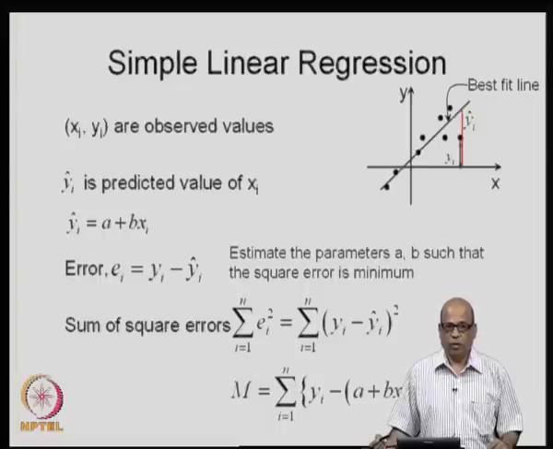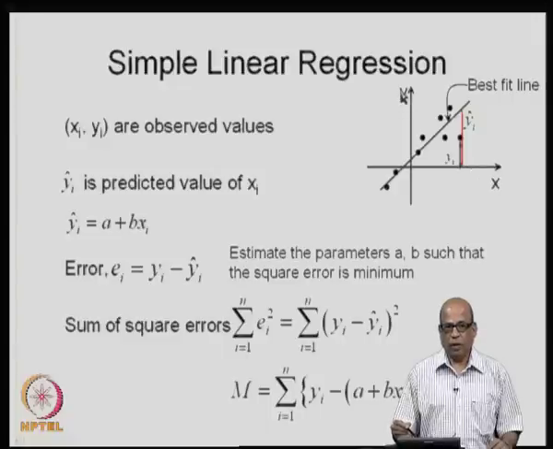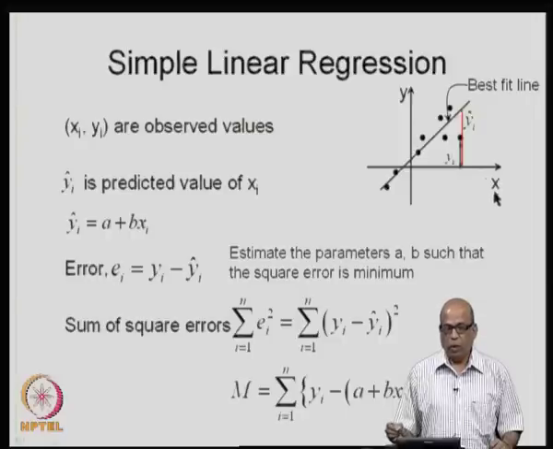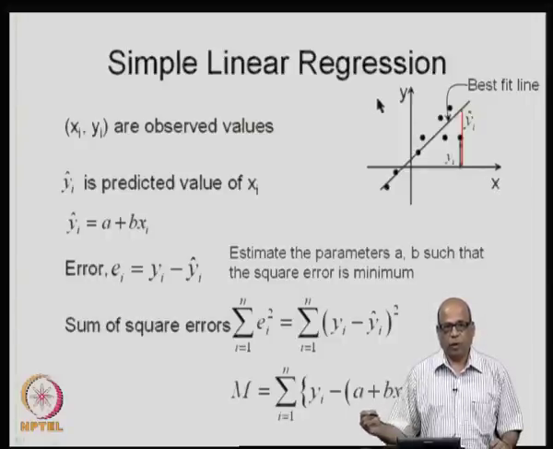Simple because we are considering only two variables, x and y. y is the dependent variable, x is the independent variable, and therefore, it is a simple regression. Linear because we are fitting a linear relationship between x and y. If you have more independent variables, let us say that y depends on x1, x2, x3 and so on.